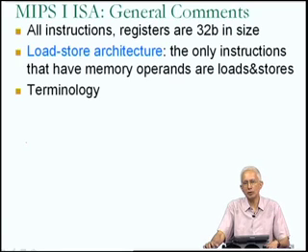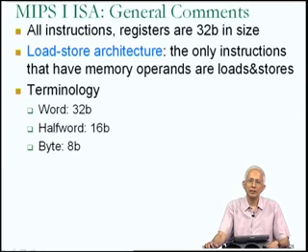Now, some of the terminology that is used in the MIPS1 manuals will be of importance to us. So let me just outline this. In the MIPS1 instruction set, the word WORD, or word, is used to refer to a 32-bit quantity. In other words, the word size of the MIPS1 instruction set is 32 bits.